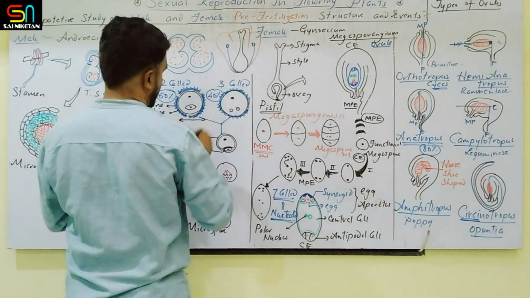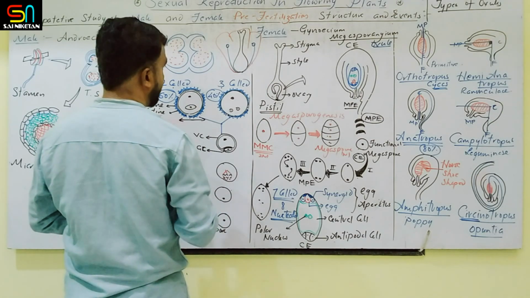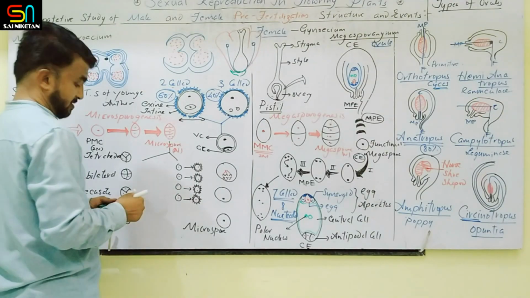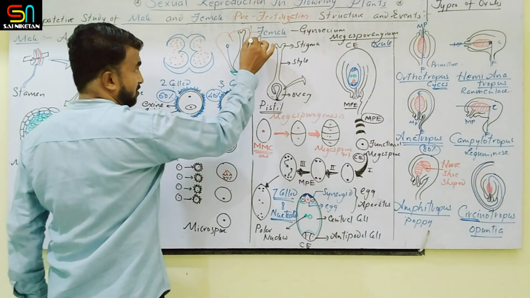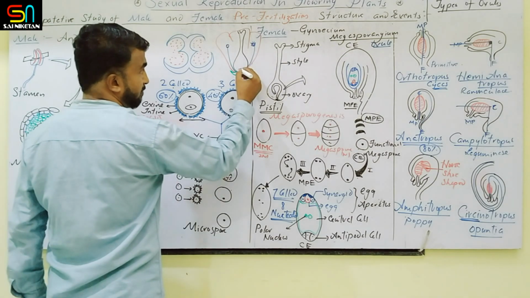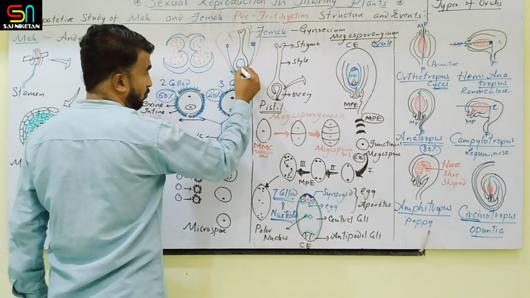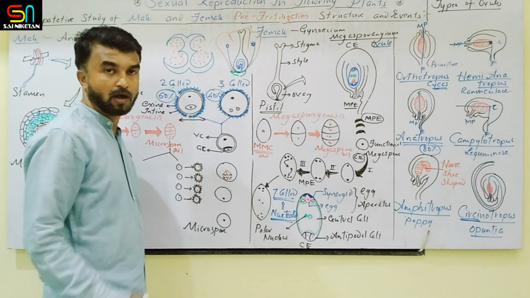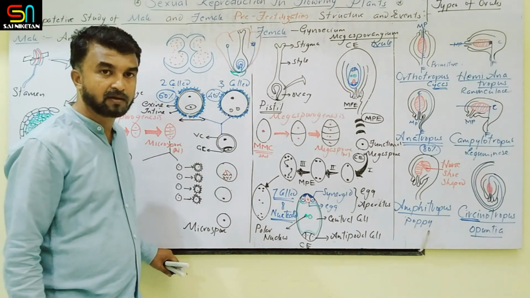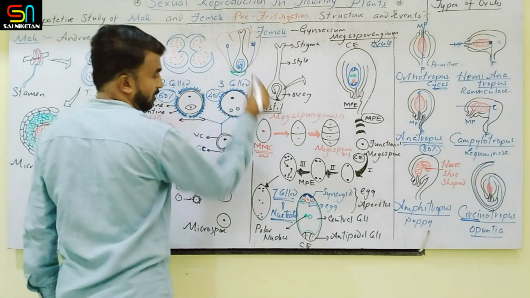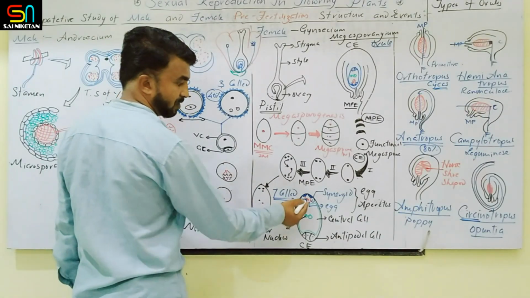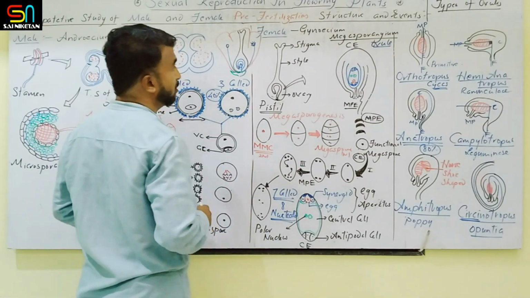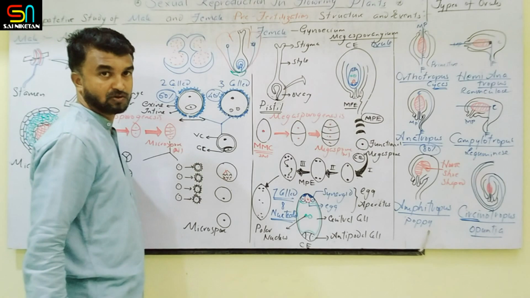This is the female reproductive part, this is the male reproductive part, and this is a petal, and this is a calyx. Yes. Now tell me, male gametes are released from the anther and the female gamete is present inside this ovary, inside this ovule, inside this embryo sac. How does fertilization occur? Clear? The female gamete means this egg, and the male gametes, these two, have to come in close contact with each other, then only fertilization occurs.